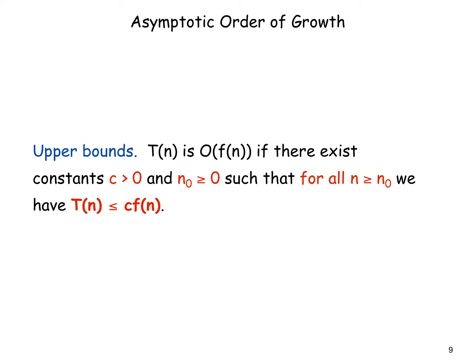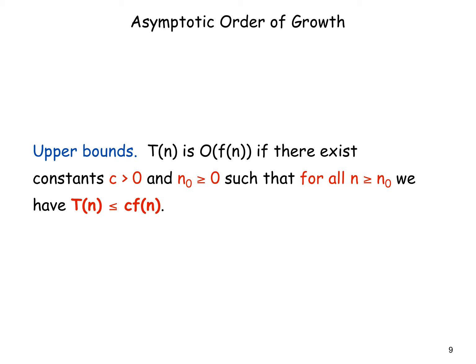Okay, so now let's start to define these orders of growth. First one, for upper bounds. If I have a function t of n, I can say that t of n is big O of f of n if there exist two constants, c greater than 0 and n sub 0 greater than or equal to 0, such that for all values of n greater than or equal to n sub 0, we have t of n is less than or equal to c times f of n.